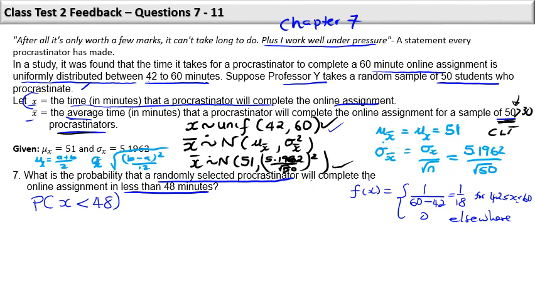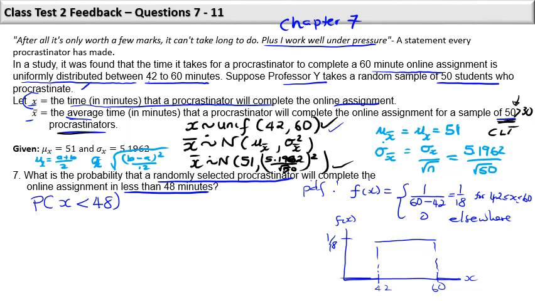So the next step is that we then went on to draw this probability density function, your PDF. We said this is your f of x, this is your x. And we know that for your x between 42 and 60, the height of your PDF is 1 over 18 everywhere. And then we said it is 0 everywhere else. So now we are being asked, what is the probability that x will be less than 48?